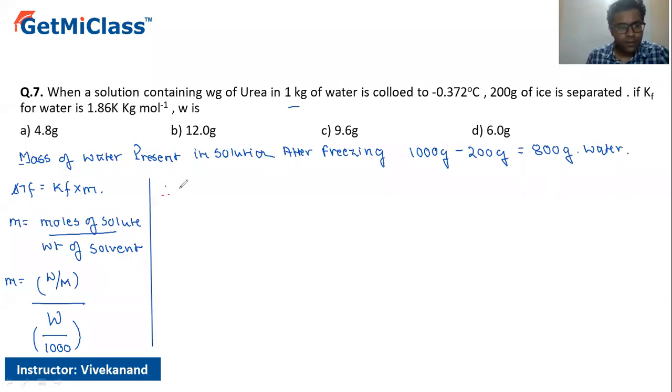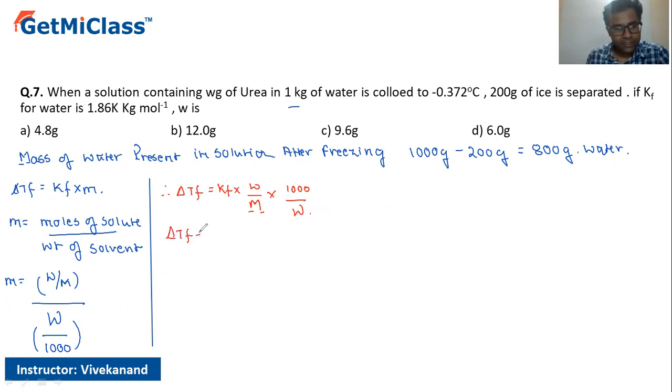So delta TF is equal to Kf into the weight of solute divided by molecular mass into 1000, the whole thing divided by capital W, the weight taken for the solvent.